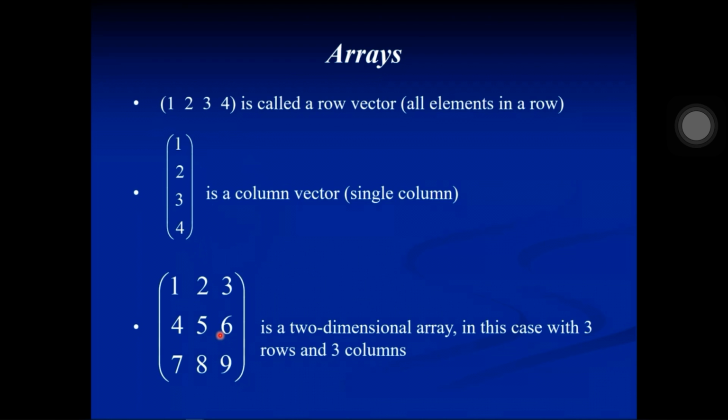So the words array and matrix are interchangeable, except as far as MATLAB is concerned, when you start performing operations, whether you perform matrix operations or what we call later element by element operations, and that's something we will do a lot of this semester, right? We will do some matrix manipulation, but most of our calculations are about element by element.